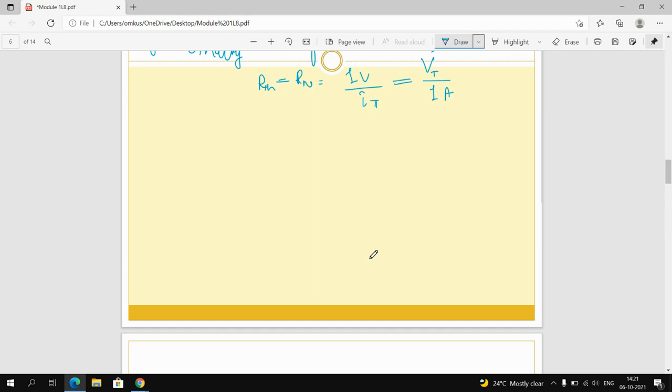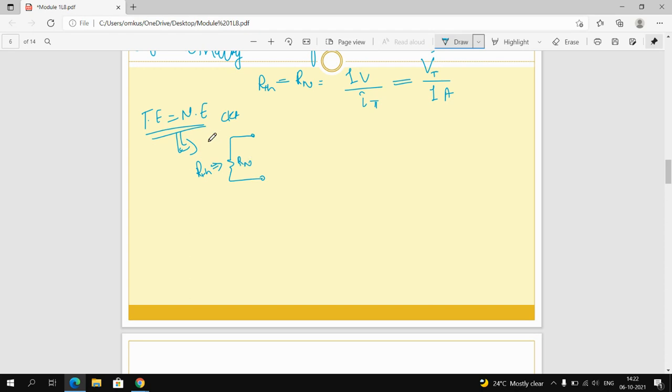Both are the same. Now I take one example here. The Thevenin's equivalent and Norton's equivalent circuits are nothing but RTH or RN, right?